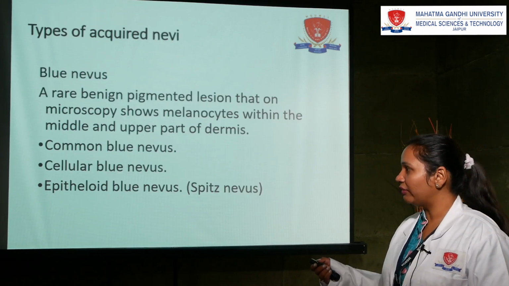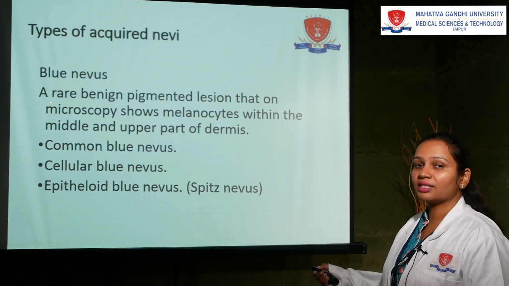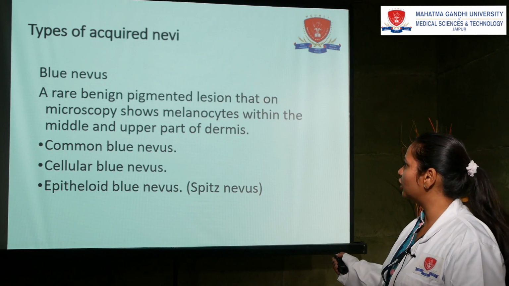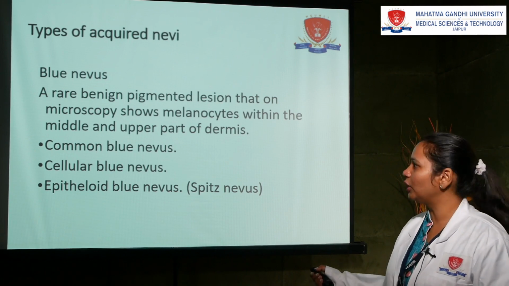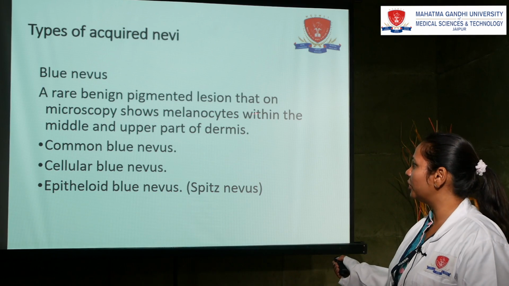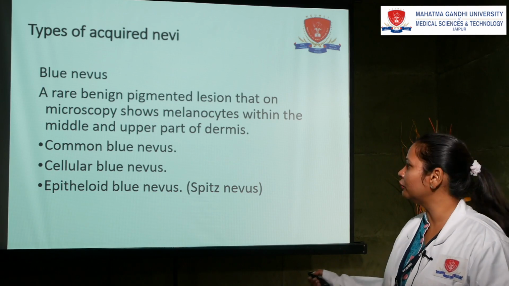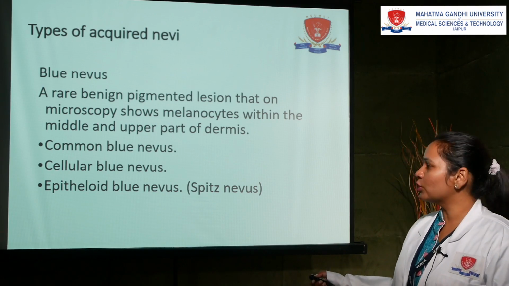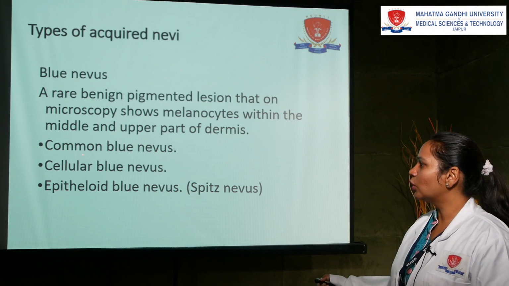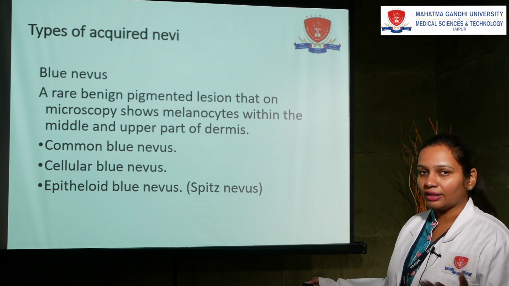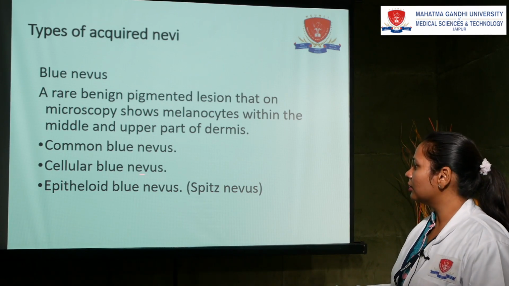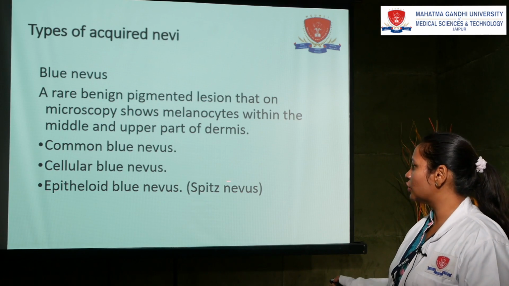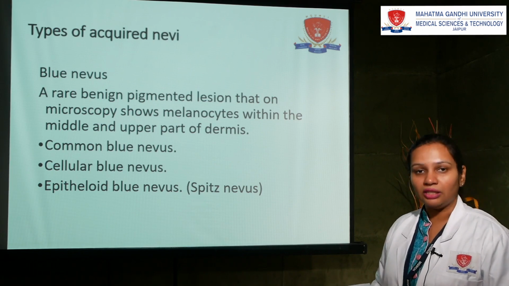Types of acquired nevi: blue nevus. It is a rare benign pigmented lesion that on microscopy shows melanocytes within the middle and upper part of the dermis. The most common is the common blue nevus. The cellular blue nevus is another type, or the epithelioid blue nevus, which is also known as Spitz nevus.